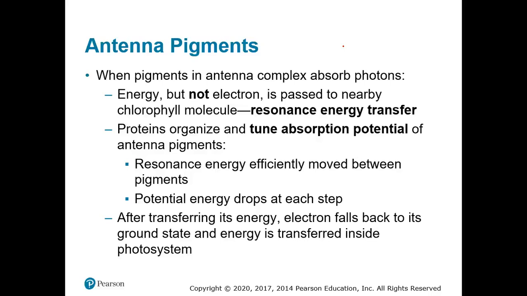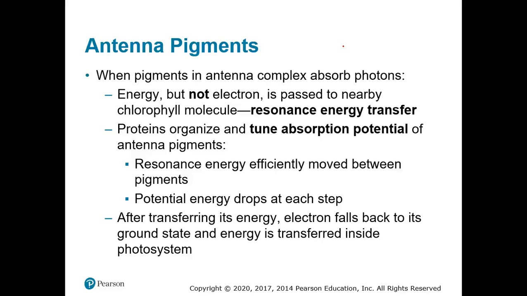Now, these pigments are directly responsible for absorbing photons. So they are gathering that light energy and they're using it to excite an electron, just like we showed before, bumping that electron up in energy level. However, when we need to move that energy, we are not going to pass that electron.